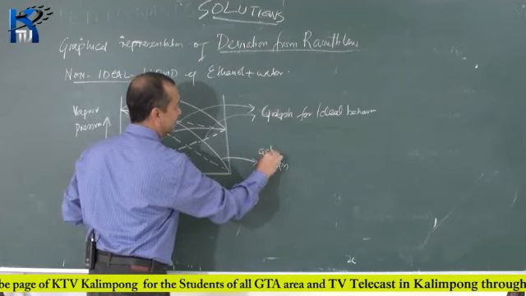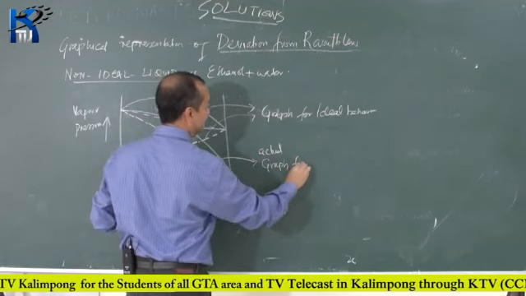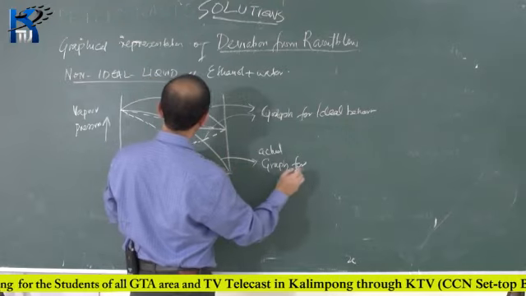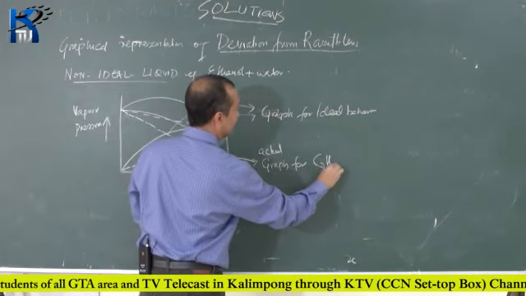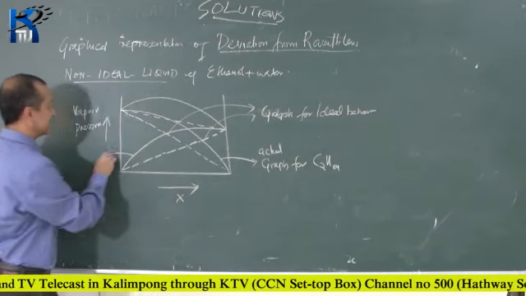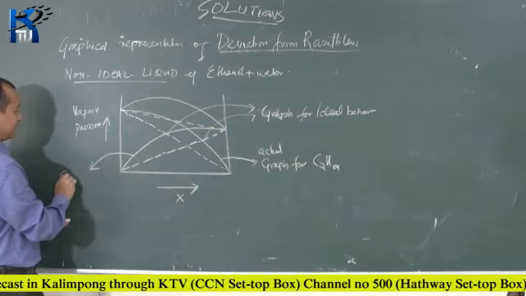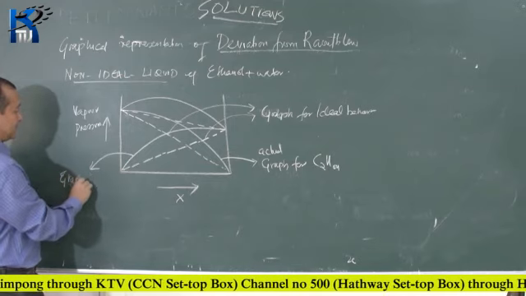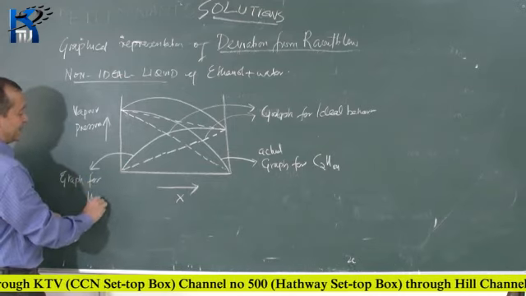So this will be the actual graph. This is the graph for ethanol, and the other one is the graph for the water component.